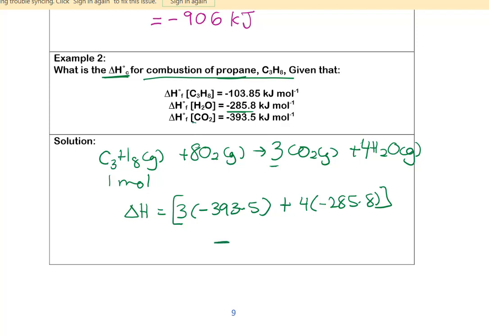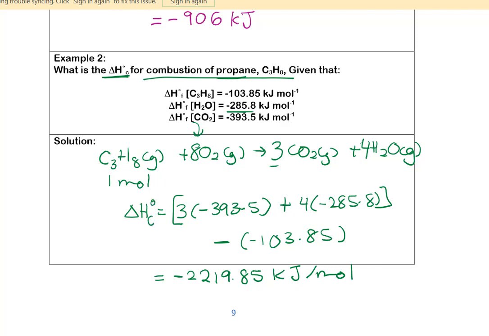Again, delta H formation for oxygen will be 0. Okay, so this one is 1 mole. For this example, the answer should be negative because combustion is an exothermic reaction. And then the final unit will be kilojoule per mole. So this is the heat of combustion.